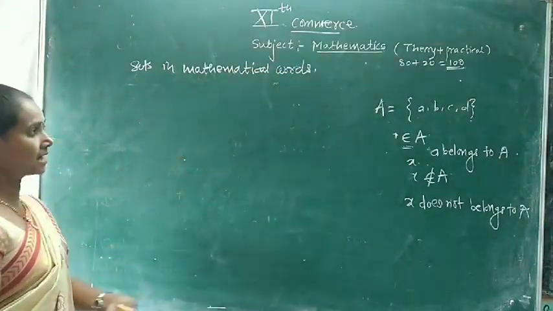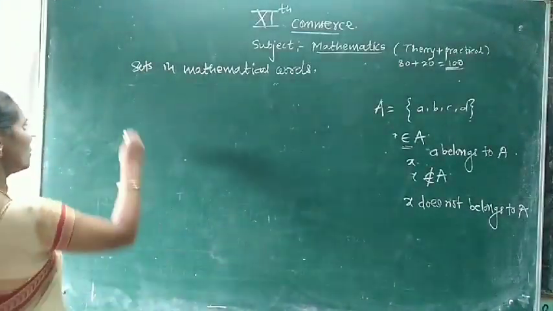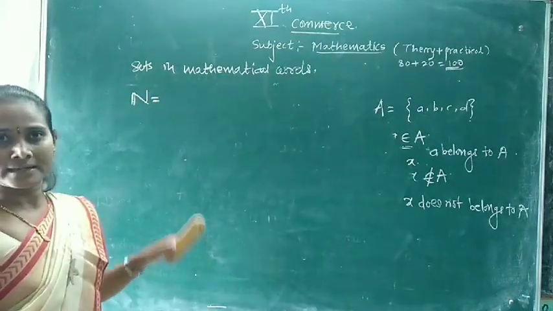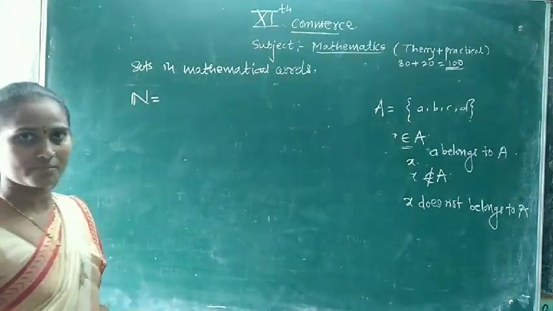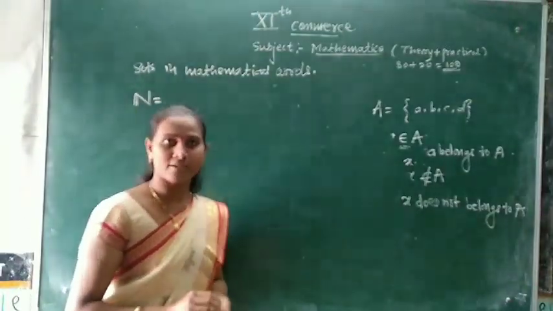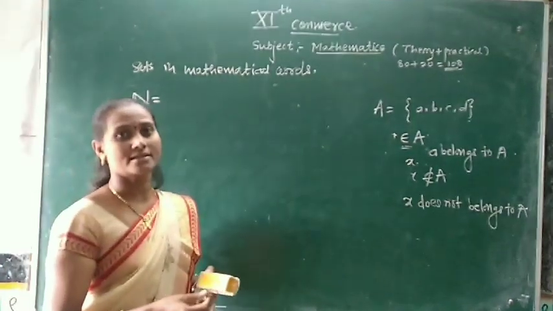Before we start sets, we should know the standard sets in mathematics. First we write N. In mathematics, N is called the set of natural numbers, and all of you know this. In Marathi, it is called naisargik sankhya.